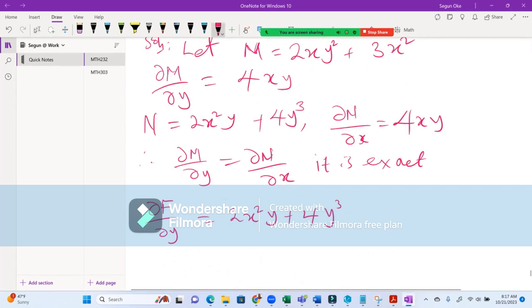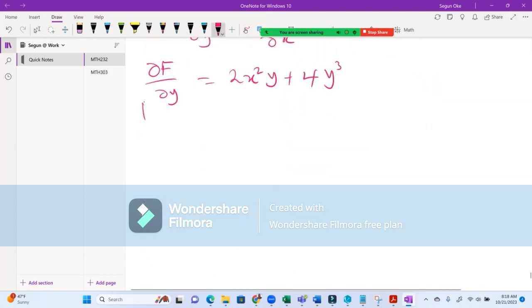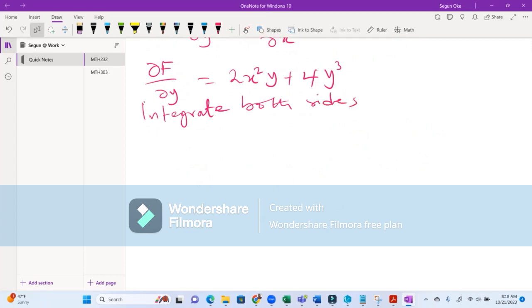So when you now integrate both sides, what do we have? We have, in this case, capital F of x comma y equals the integral of 2x squared y plus 4y cubed dy.